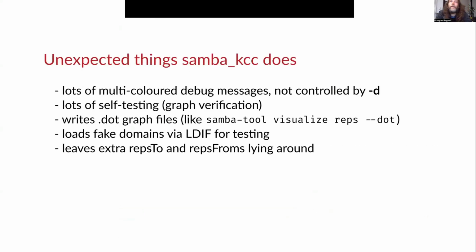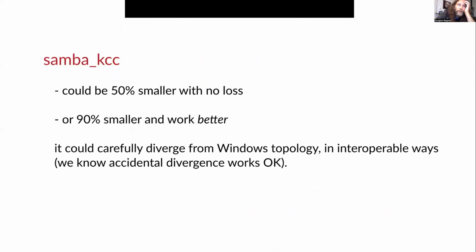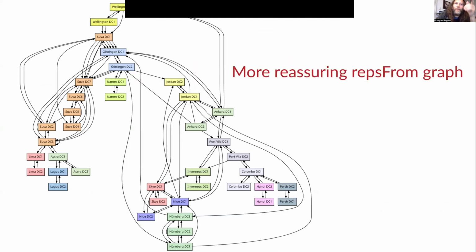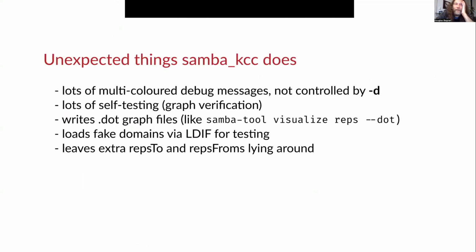I think this one here is samba-tool visualize reps, dash dash dot. It won't be exactly like that, but it is kind of that. It doesn't have the site coloring, so I should make it do site coloring because I quite liked it.